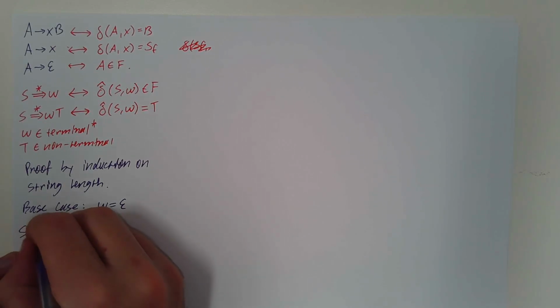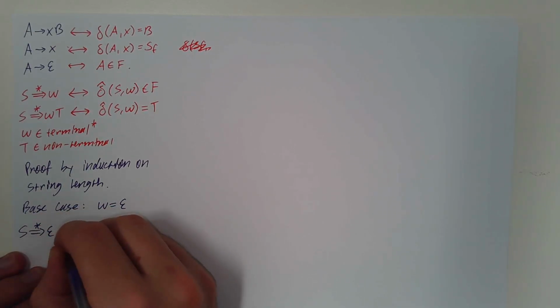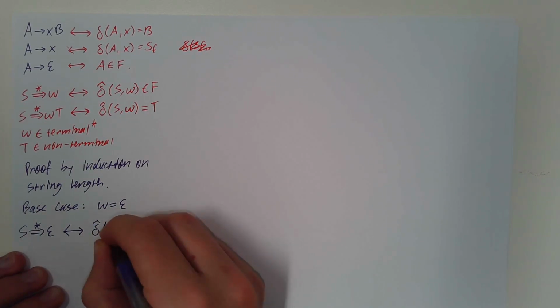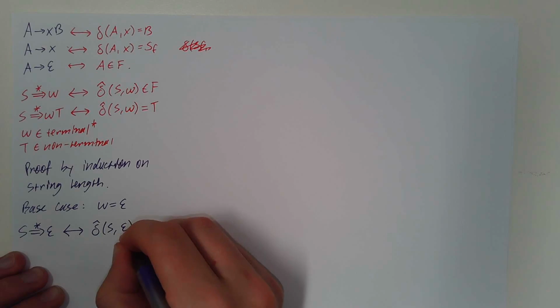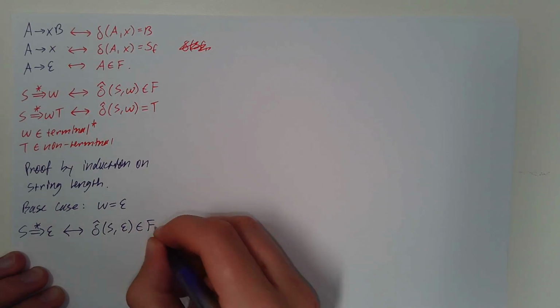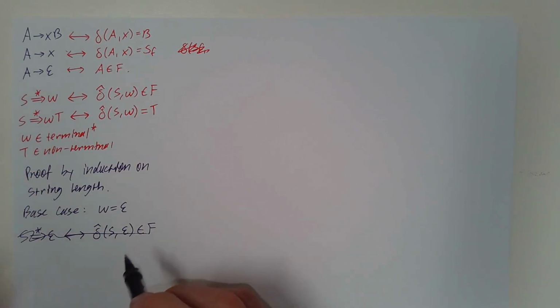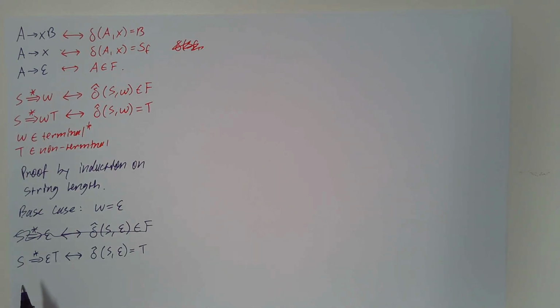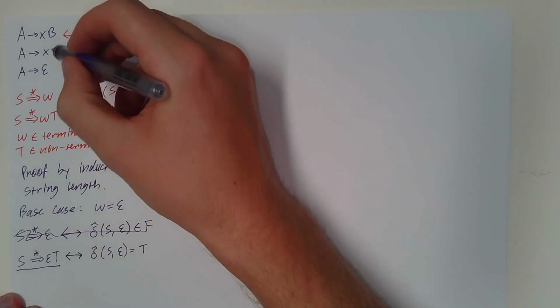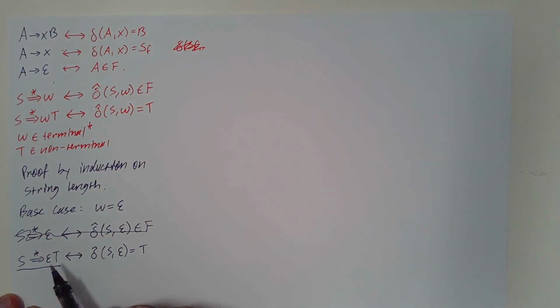We want to prove that S has a derivation of epsilon T if and only if the machine from the starting state reading epsilon goes into T, for any non-terminal symbol T. In this case, both sides are going to be false, because there is no production rule that allows this to happen.